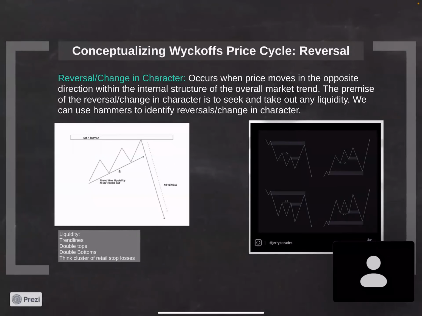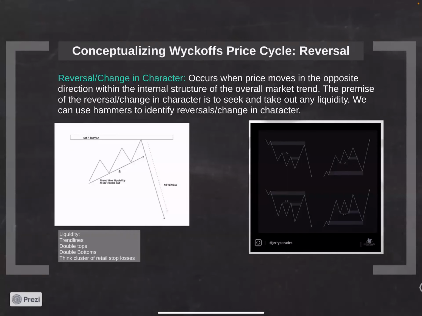Okay, so a change in character is going to occur whenever price is moving in the opposite direction within the internal structure. In order for price to move within the internal structure, there needs to be equal highs, equal lows, or an unmitigated zone within the internal structure. And if we take our eyes to the right, we can see some examples of what that might look like within the charts.